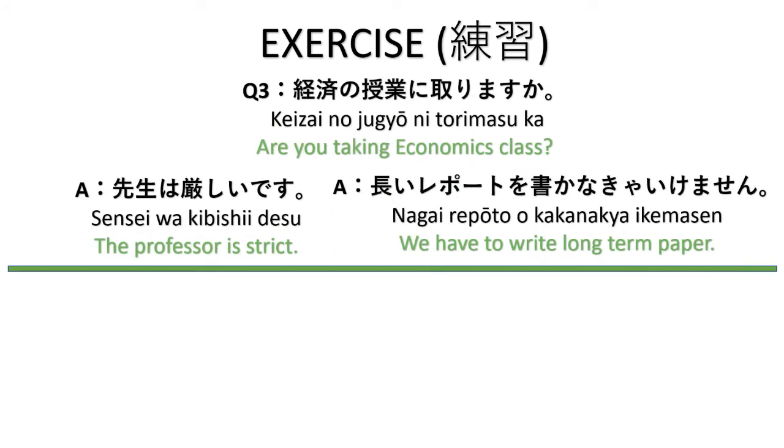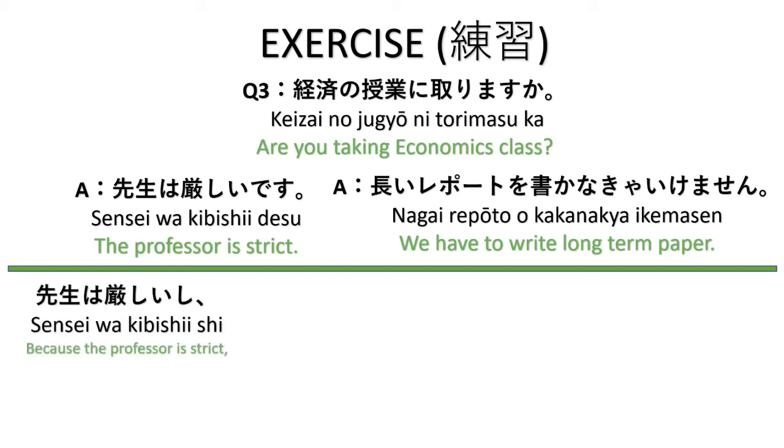Keizai no jugyou ni torimasu ka? Are you taking economics class? So the explanations are, Sensei wa kibishii desu. The professor is strict. Nagai reporto o kakanakya ikemasen. We have to write long papers. So the sentence is, Sensei wa kibishii shi.